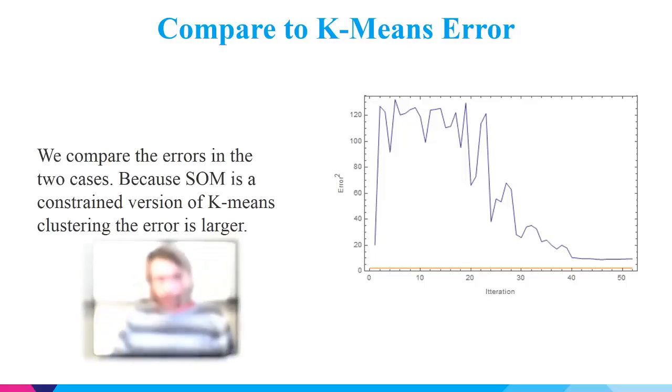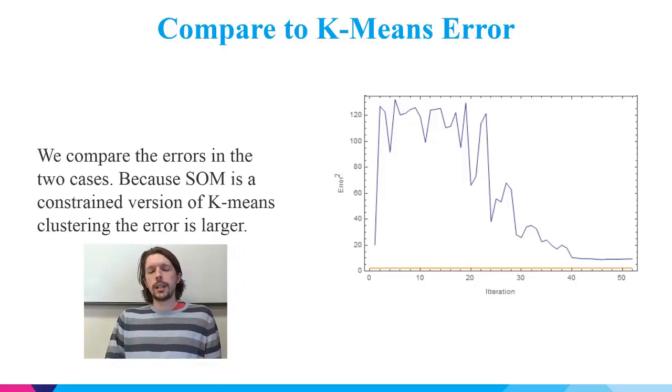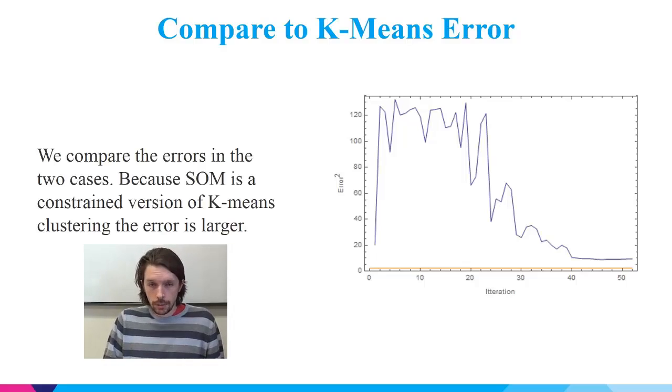Because the self-organizing map is a constrained version of k-means, we would expect its error to be larger than the k-means error, because it's going to, in a certain sense, suffer from the constraints. K-means is freer to minimize the error. But we would hope that if we've chosen the parameters well, this error is not tremendously greater than the k-means error.